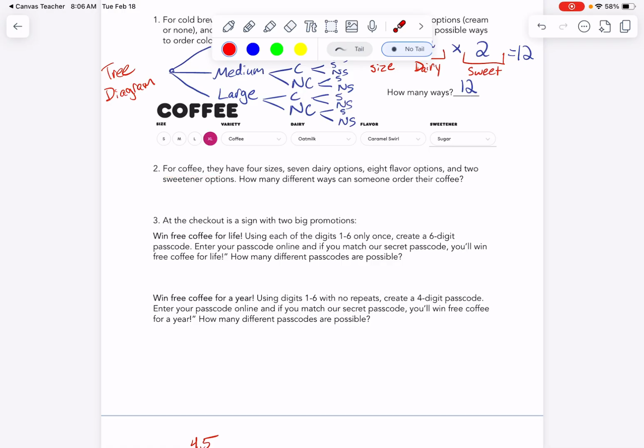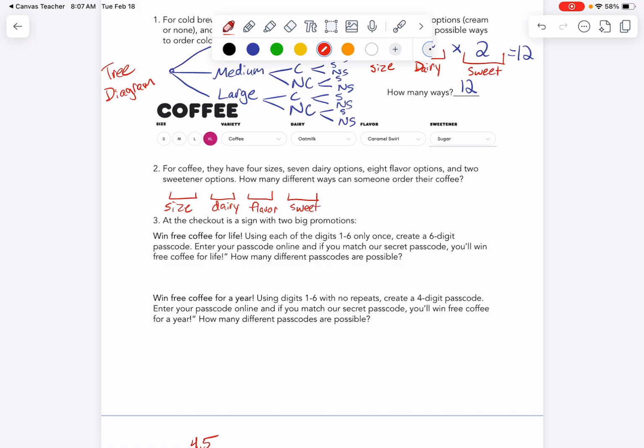We can apply that down here. For a normal coffee, they have 4 sizes, 7 dairy options, 8 flavor options, and 2 sweetener options. So to find out how many different ways to order that coffee, we can make a slot for each one: size, dairy, flavor, sweetener.